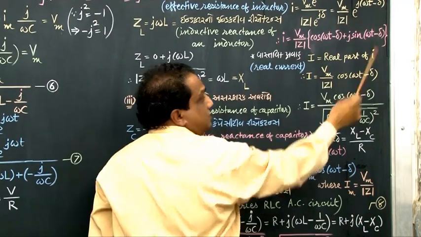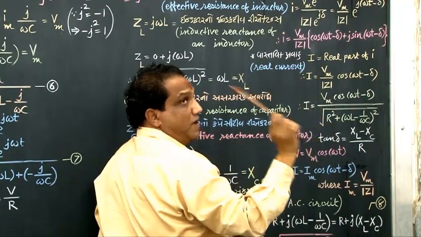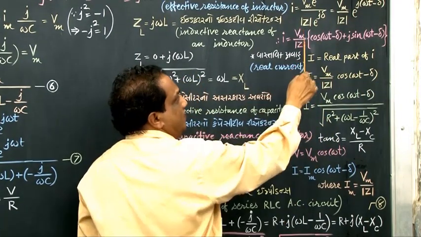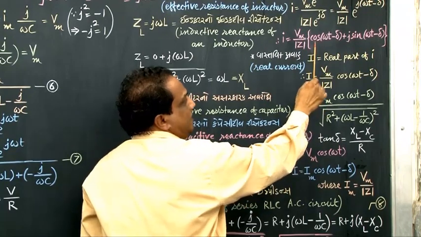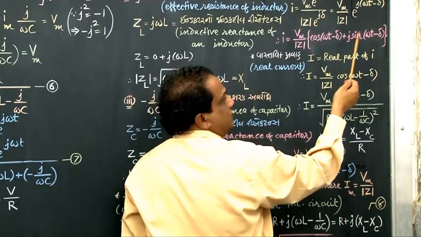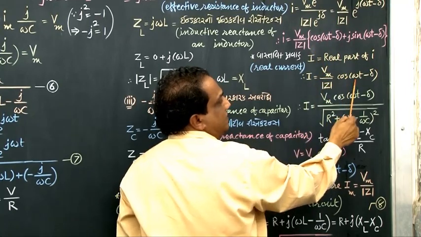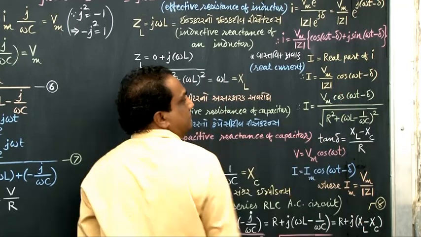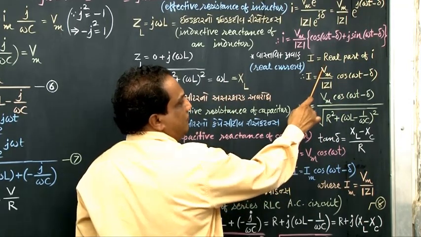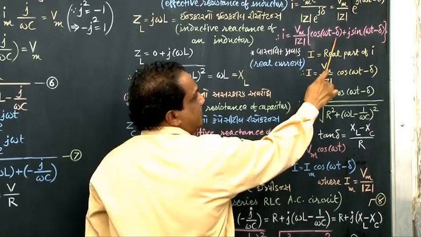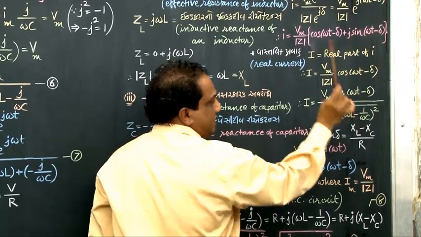And from this much, if you want to separate the real part, it is Vm upon mod z. And now the real part in this is without j, it is this much, cos of omega t minus delta. So this is the real current, Vm upon mod z, and here the real part is cos of omega t minus delta.